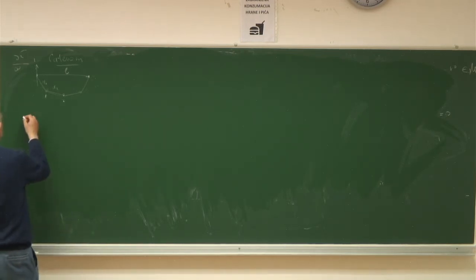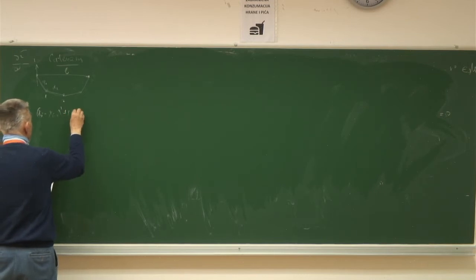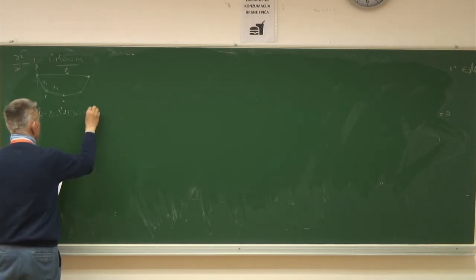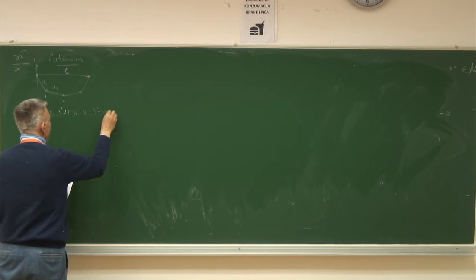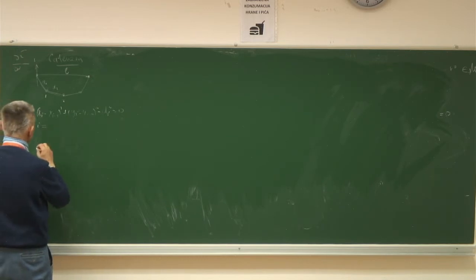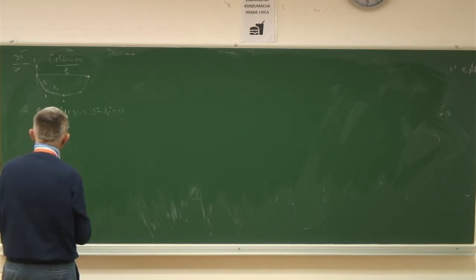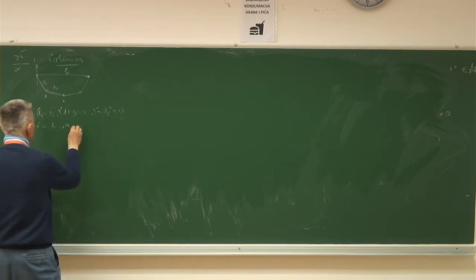The manifold is given by M, well, the set, not the manifold, by the condition (xi minus xi-1) squared plus (yi minus yi-1) squared minus di squared equals 0. i goes from 1 to n plus 1.